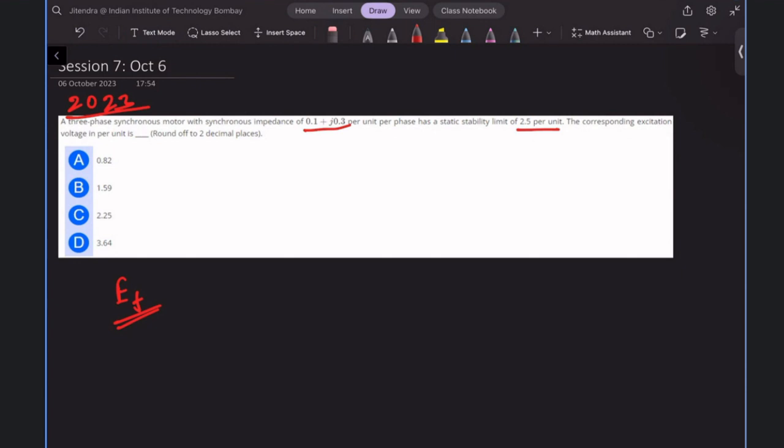The first approach is that you learn by heart all the expressions of real power, reactive power, input, output, developed input and output, real and reactive power in case of motor and in case of generator; you remember all the developed, input and output power, as well as output power at the shaft, reactive power as well.